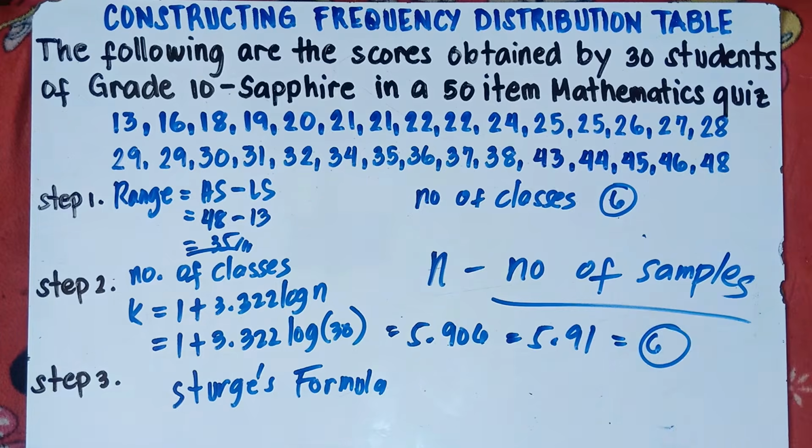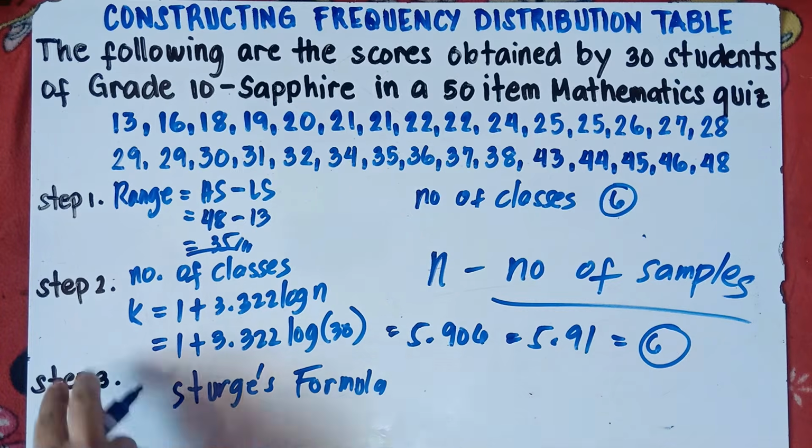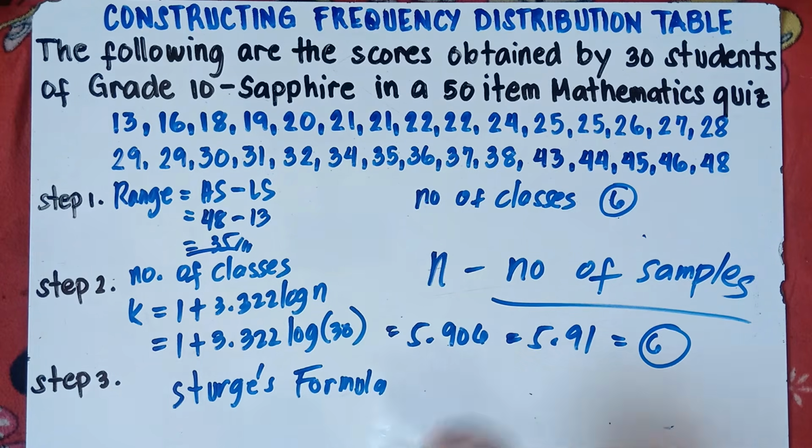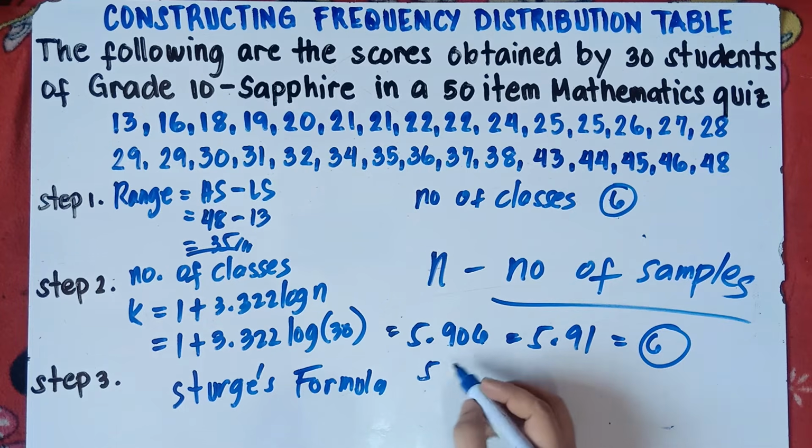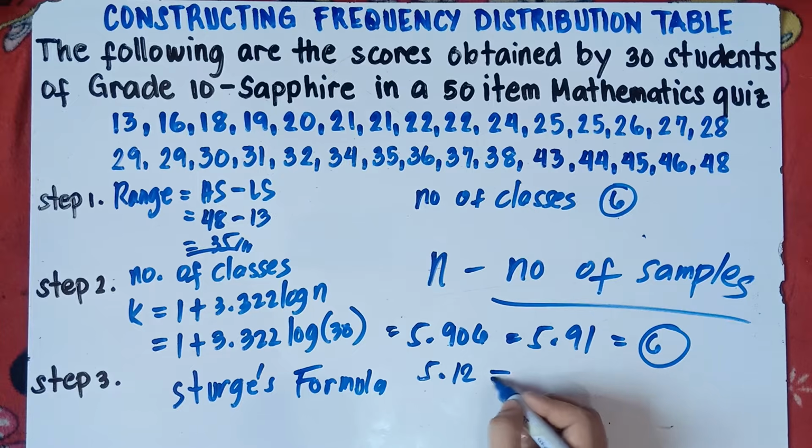You always round up to the nearest whole number. For the number of classes, you always round up, even if the decimal is less than 50. Example, if you solve for the number of classes and your answer is 5.12, your answer is always 6. Why is that, sir?